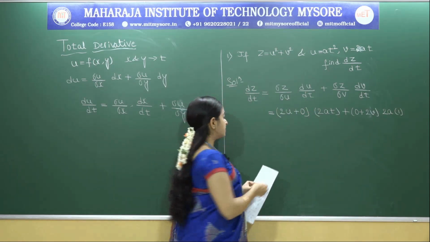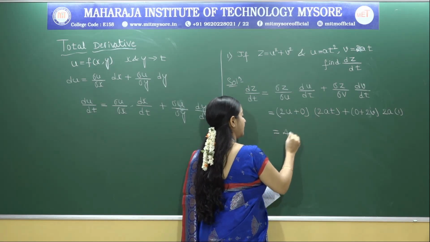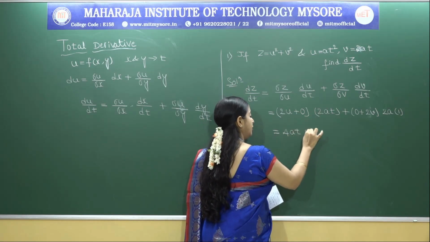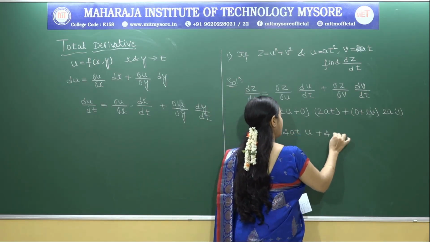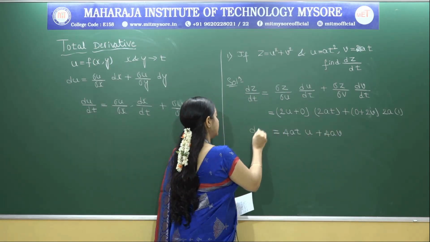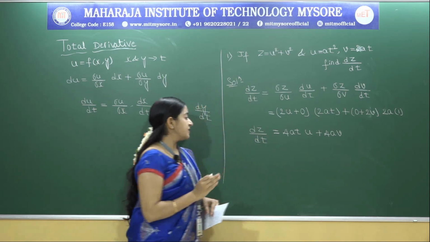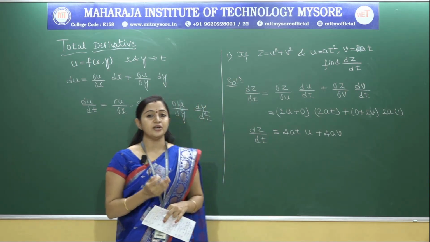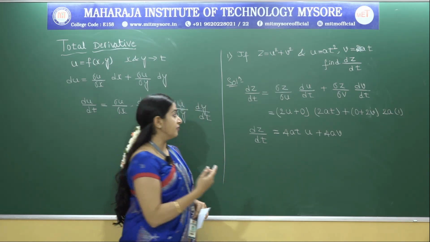You simplify this. The first part, 2 into 2, you will get 4at into u. The second part is 4a into v. So this is dz divided by dt. Since it is dz divided by dt, you have to represent z in terms of t by substituting u and v.